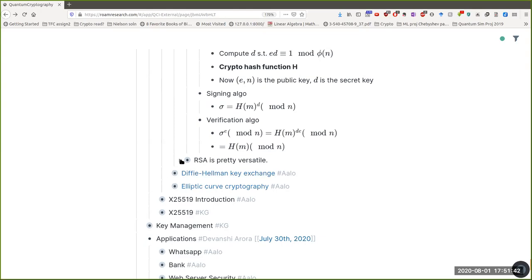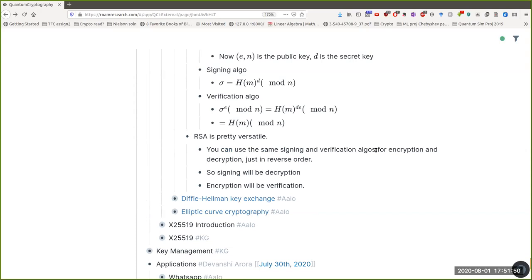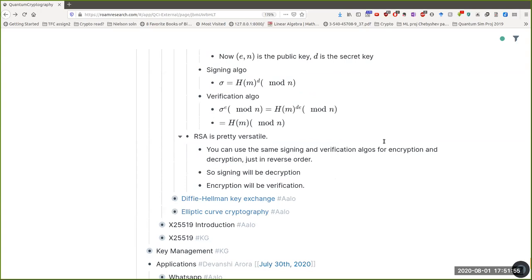Okay. So RSA is pretty neat, pretty concise, and it's also pretty versatile, because you can use the same thing for encryption and decryption as well.